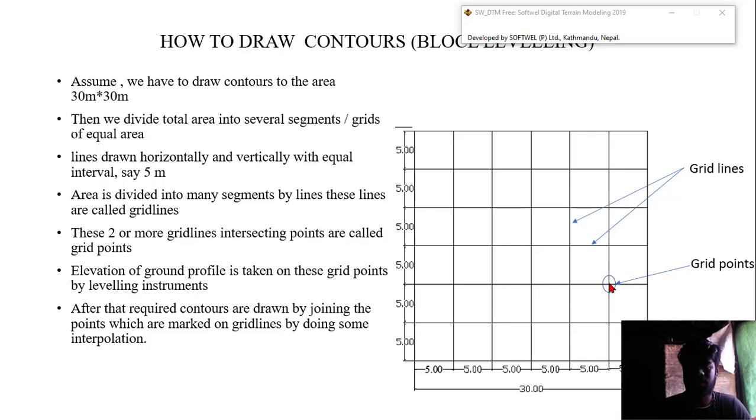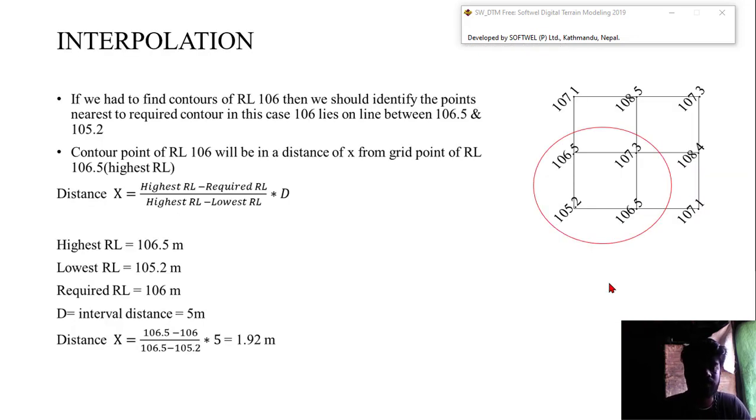After we get the RL, then we do interpolation for drawing contours. Basically, a contour is the imaginary line which connects points of equal RL.